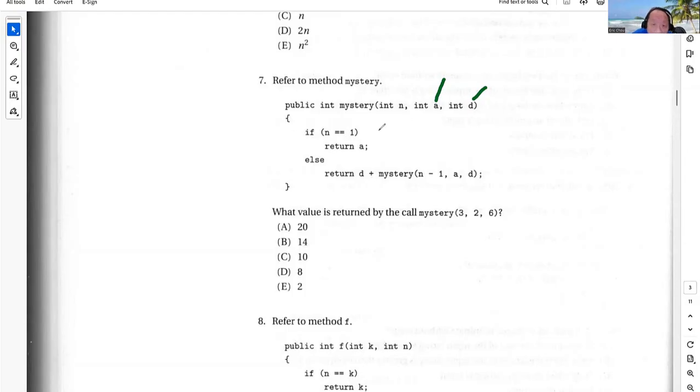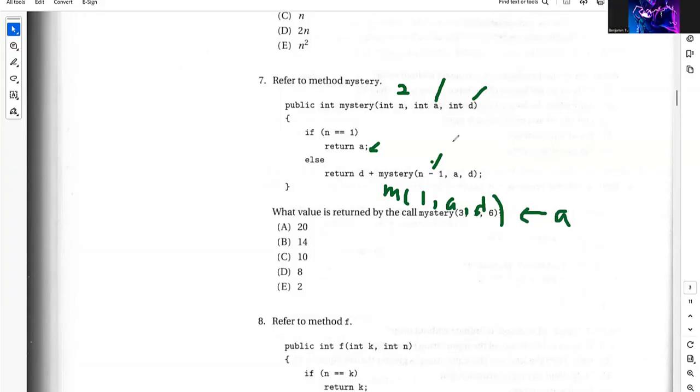So let's see, if n equals 1, you return a. So let's assume right here it is n equals 2. Then you will be calling m of 1 and a and d, that will return a.